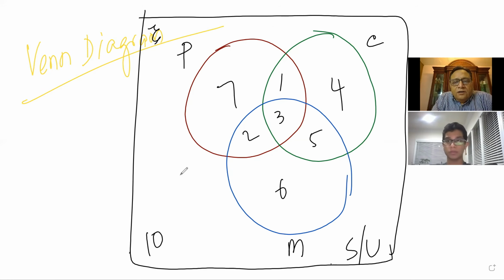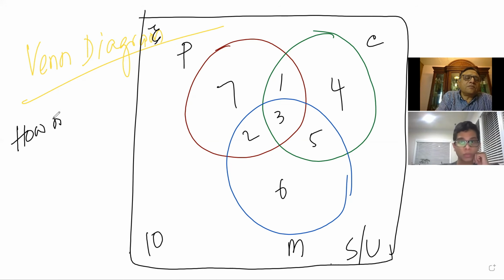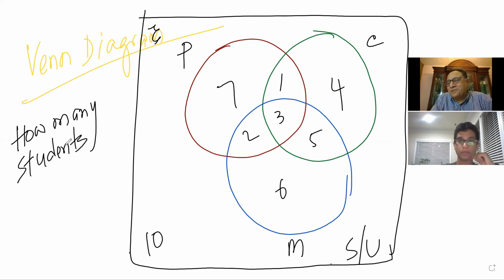Now from this information, first thing you have to tell me is how many students there are in total, because that number will come in the denominator. Just add them all.